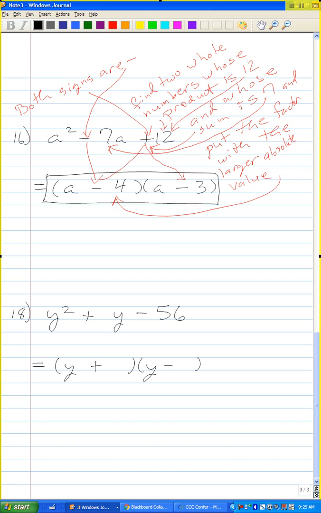So this says here, the signs differ. Okay, good.